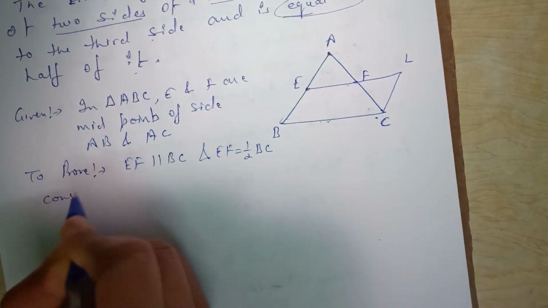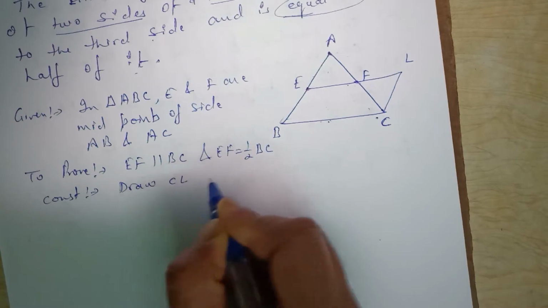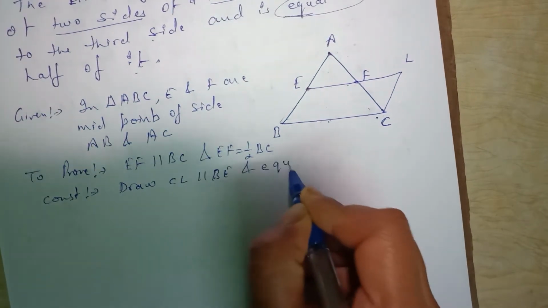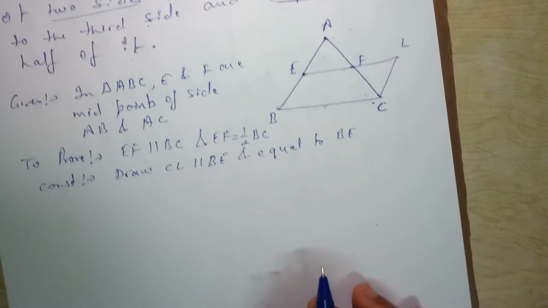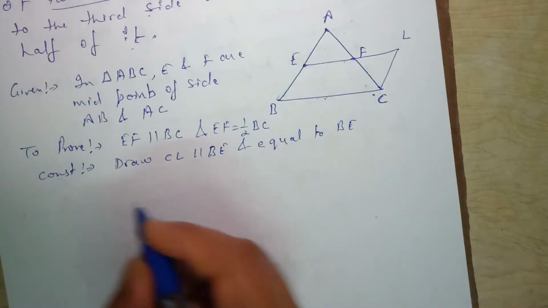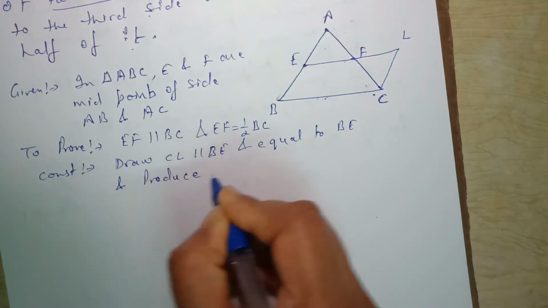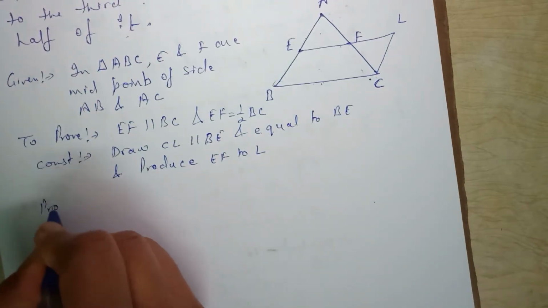So the construction is: draw CL parallel to BE and equal to BE, and produce EF to L.